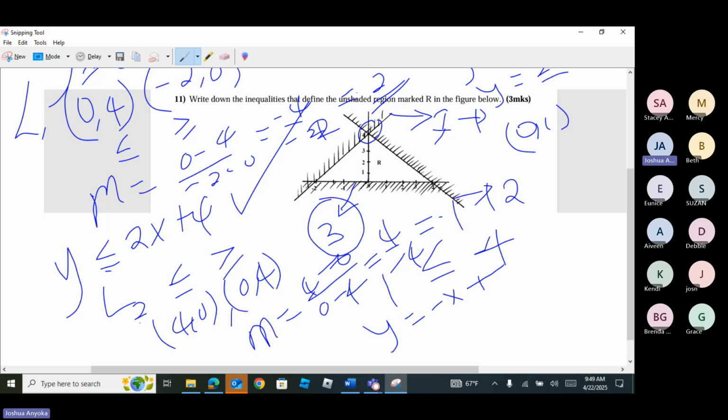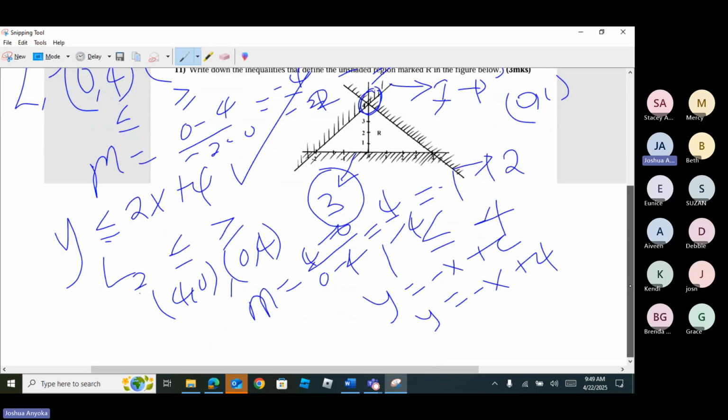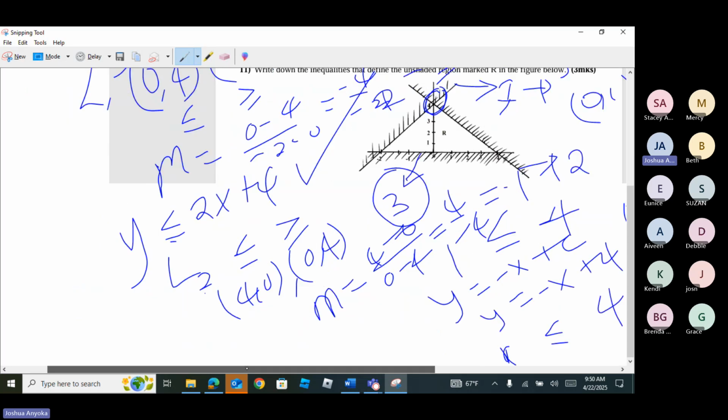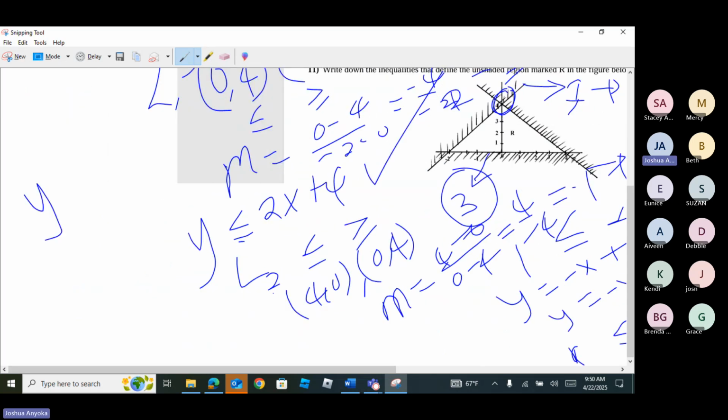It is passing through 4, so y is equals to negative x plus 4. We have taken 1 point, 0, 1. Substitute here, 1 and 4. 1 is less than or equals to 4. So our inequality becomes y is less than or equals to negative x plus 4. That's another inequality.